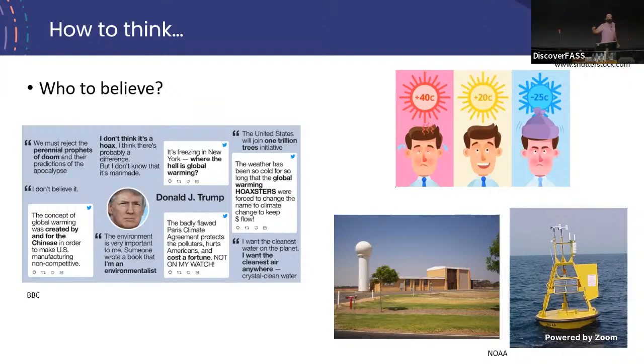If I ask you to describe what the weather was like five years ago on a Saturday in March, most of us will not be able to remember or give an accurate representation. So all of this can shape our view.